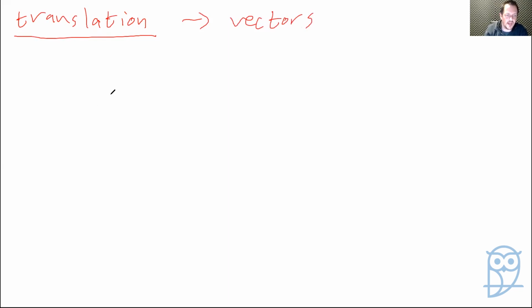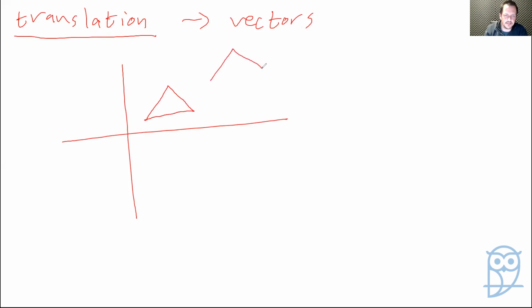So if I have a Cartesian plane here, and let's say I have a triangle there, and I have the exact same triangle there. Now, let's say this coordinate here is, say, 5 and 1. And then that coordinate over there comes out at 10 and 6, for example.